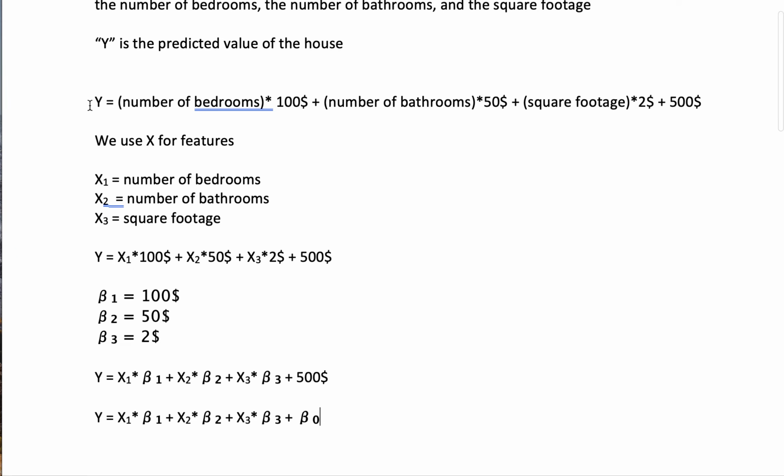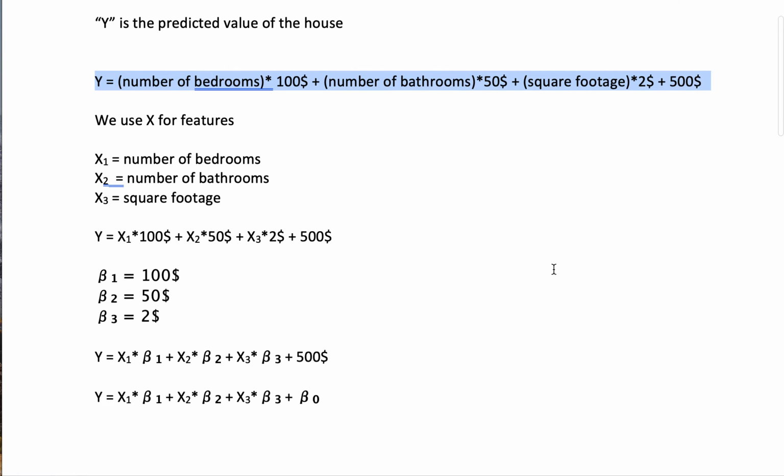We've taken our initial model and generalized it with some Greek letters, some variables, we should say. Now, this is what you'll generally see when searching online. This is the notation used in linear regression.